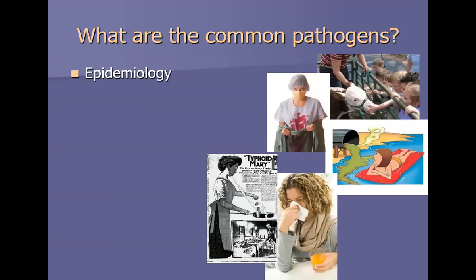So in terms of common pathogens, we know historically, based on epidemiology, case series, case reports, that certain patient populations are at increased risk. Patients with liver disease are at increased risk for infections, particularly fungal infections, okay, because the liver is part of the reticuloendothelial system, and so it clears some pathogens from the blood.